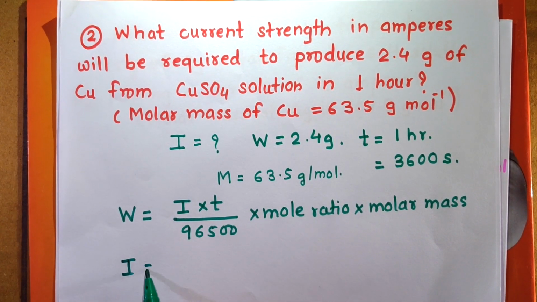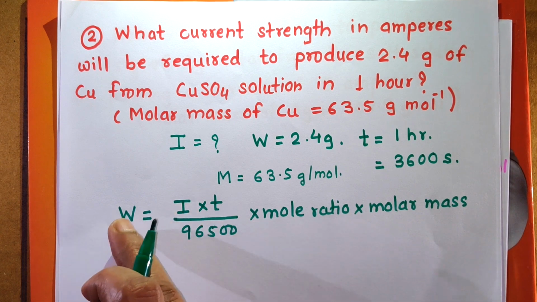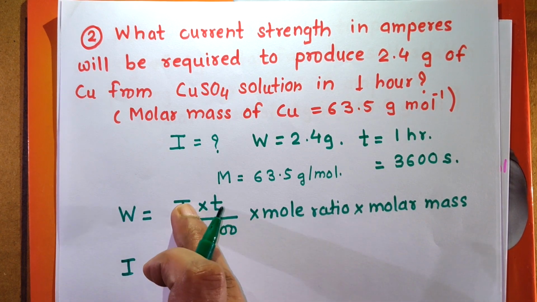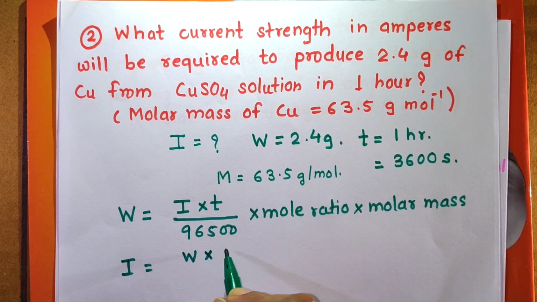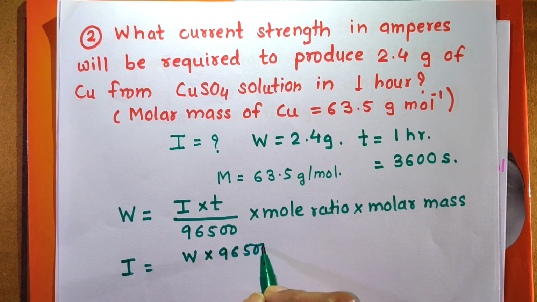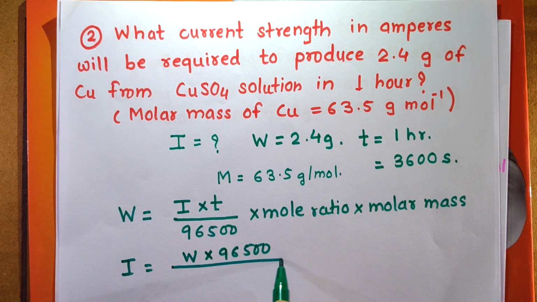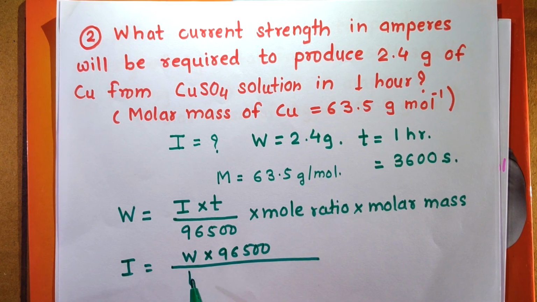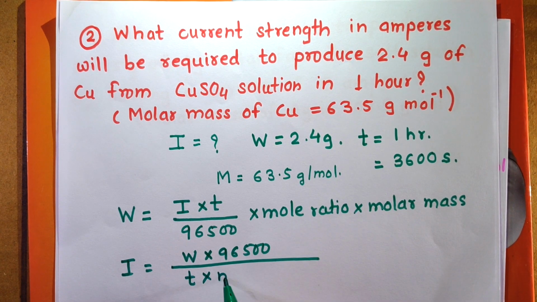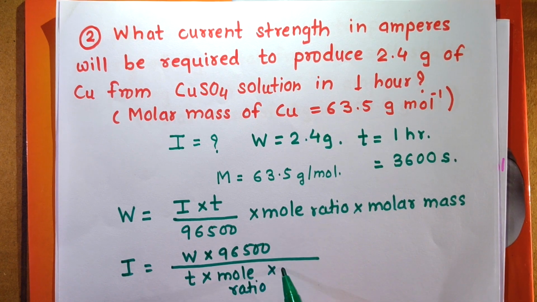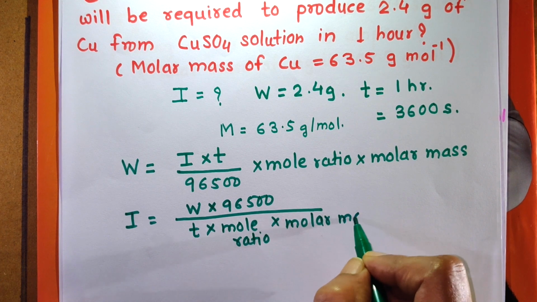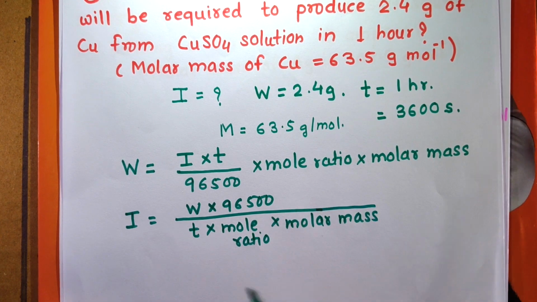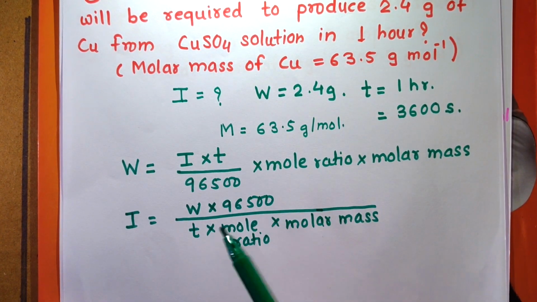I is equal to, this I is taken on this side, and here you can obtain W into 96500 upon T into mole ratio into molar mass. Correct? So we have obtained the formula.